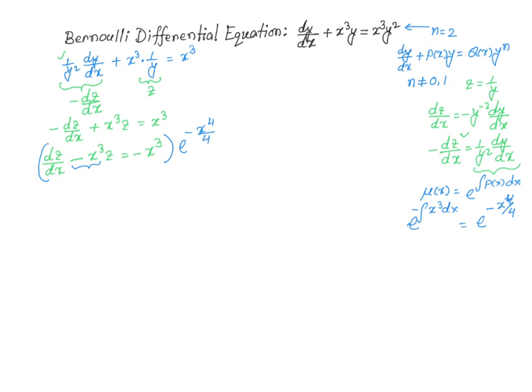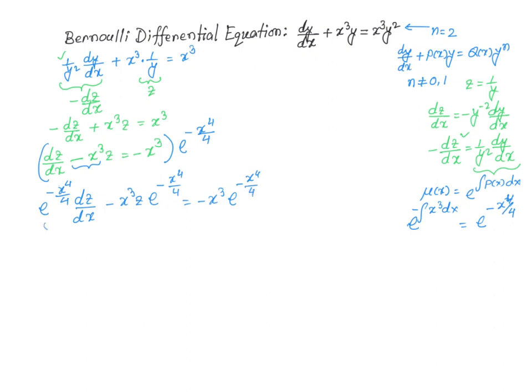If I do that, I get e to the power negative x to the power 4 over 4 times dz over dx minus x cubed z times e to the power negative x to the power 4 over 4 is equal to negative x cubed times e to the power negative x to the power 4 over 4.